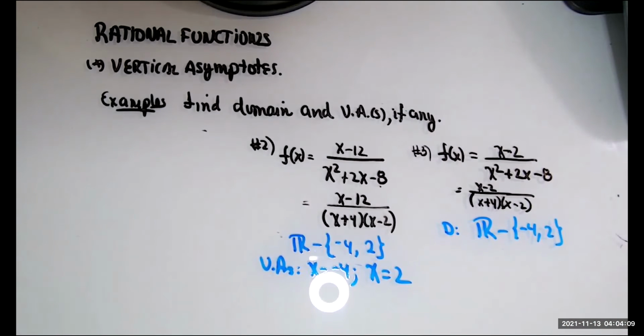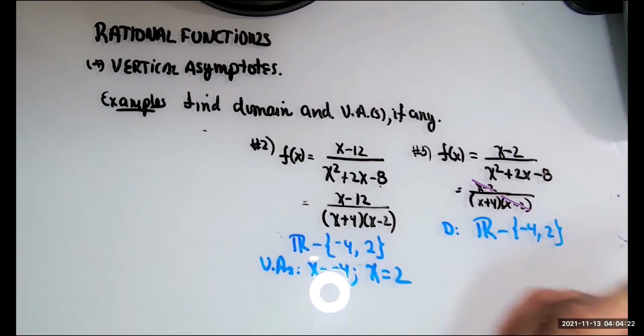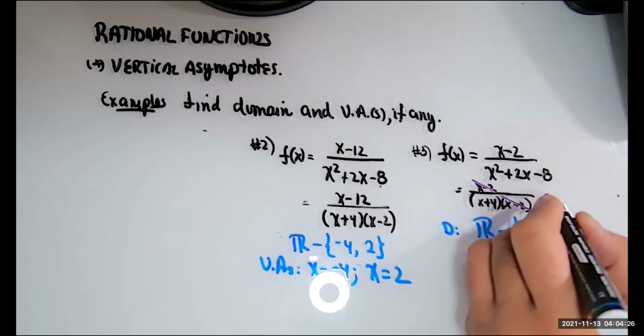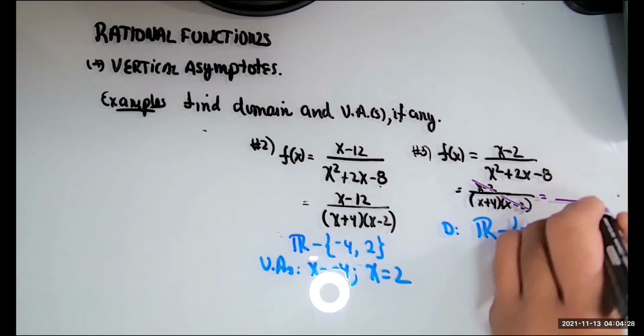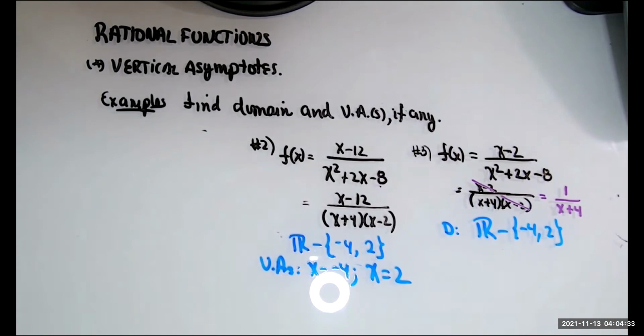Notice that the way this function is written, it is not in its simplest form, in its lowest form. If you remember the definition from a couple of minutes ago, notice that x minus 2 and x minus 2 can be simplified. So this function in its lowest form is 1 over x plus 4.